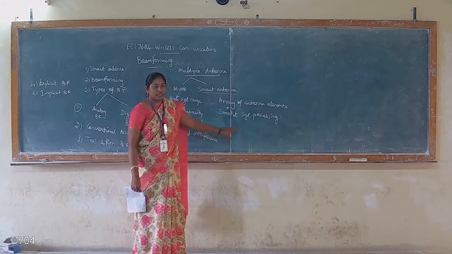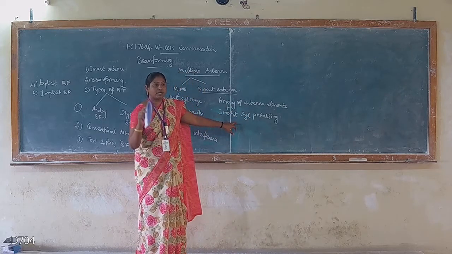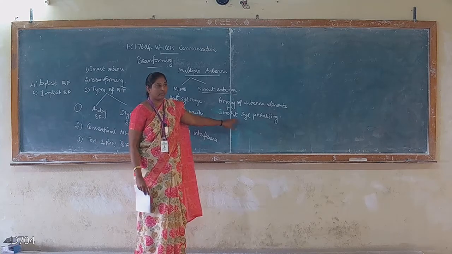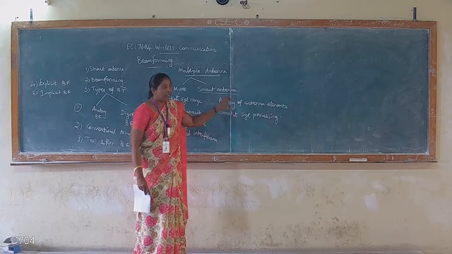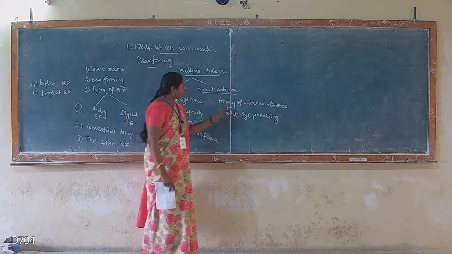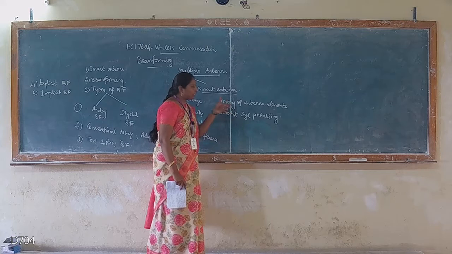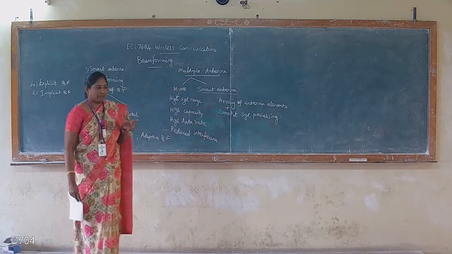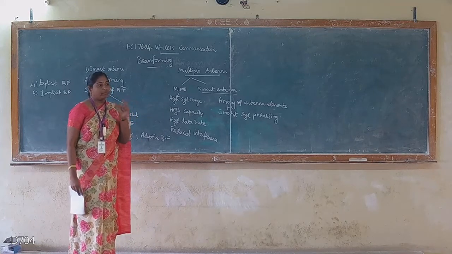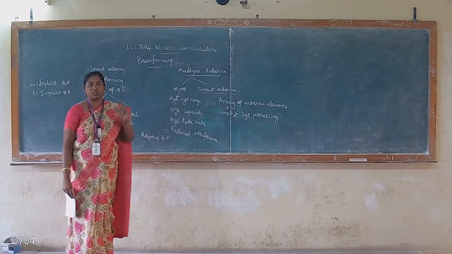Using the signal processing technique, it first identifies the location of the target, where the target is available. That location information is collected from the receiver. Based on the location, the antenna beam is tilted towards the target direction, that is, it radiates maximum power towards the target.